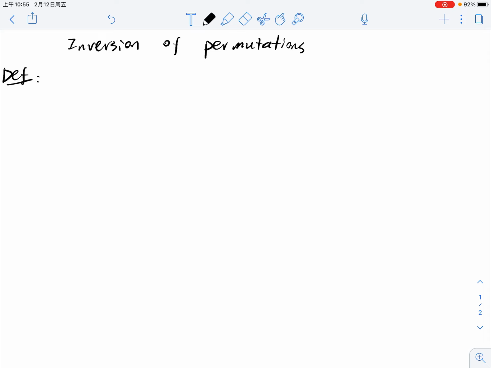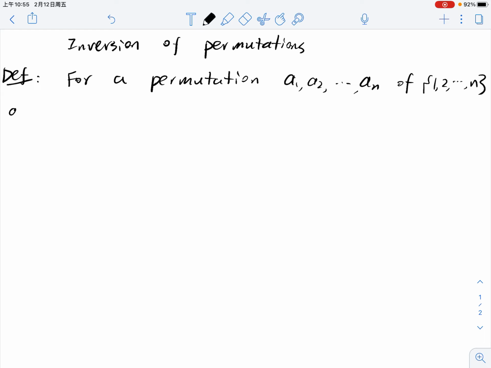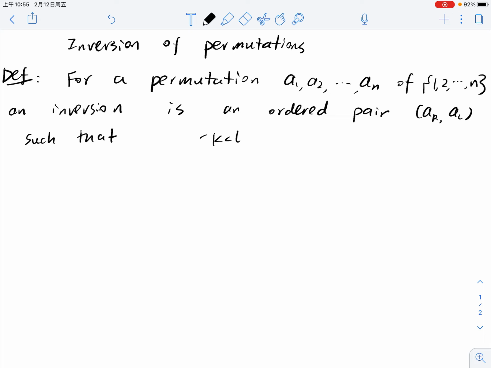Here's a definition. For a permutation A1, A2, all the way to AN, of 1, 2, 3, all the way to N, an inversion of this permutation is an ordered pair AK, AL, such that K and L are between 1 and N, and also K is less than L, and moreover, AK is greater than AL.